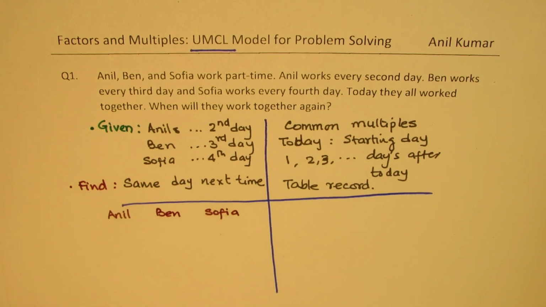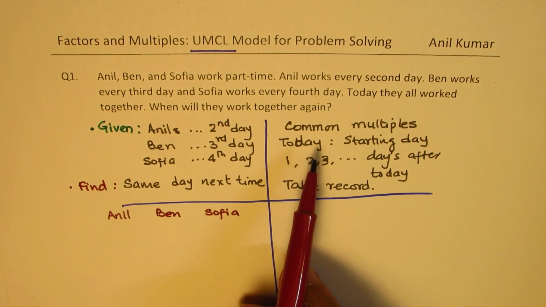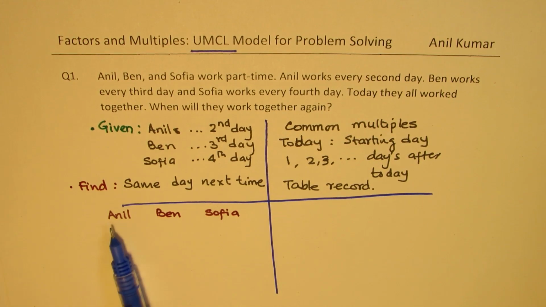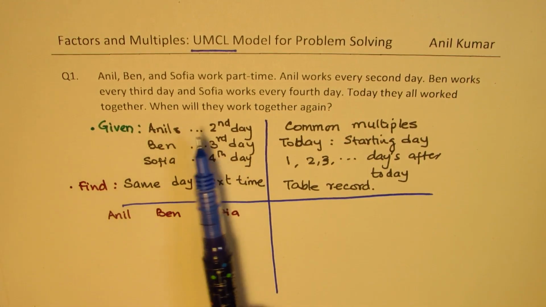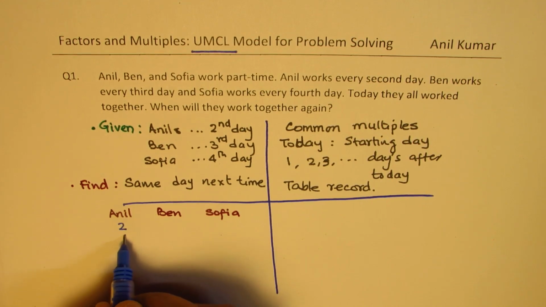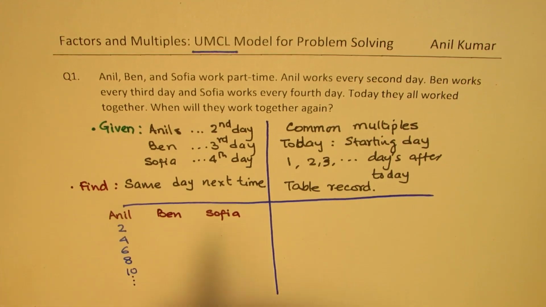Now we are carrying out our plan. We have already spelled out what we want. Now we want to write down when Anil will work. Anil works every second day, so we can write numbers like 2, 4, 6, 8, 10, and so on.